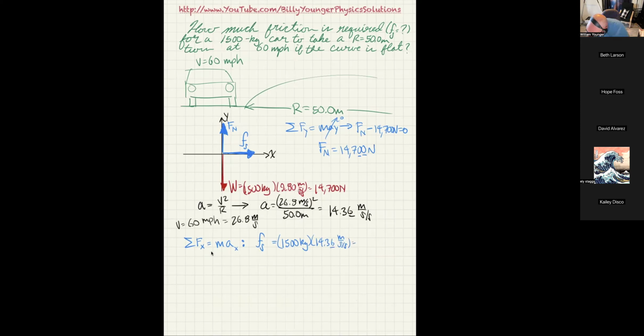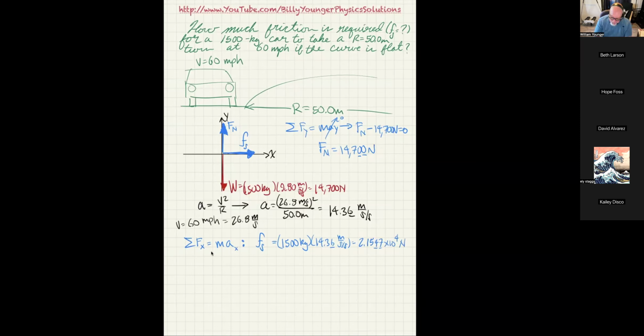So if I take that 14.36 and multiply it by 1500, you can see the force is going to be ginormous. It's 2.154 times 10 to the fourth newtons.